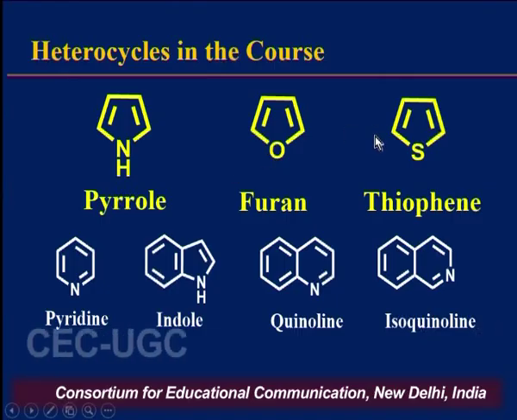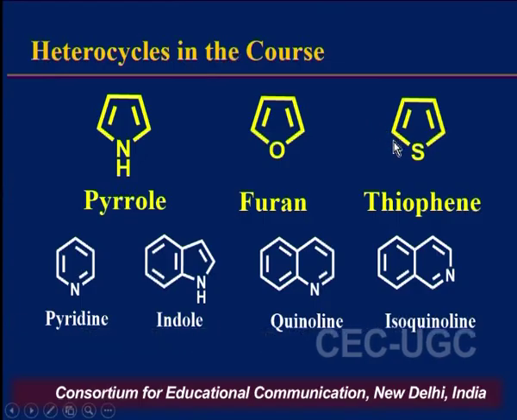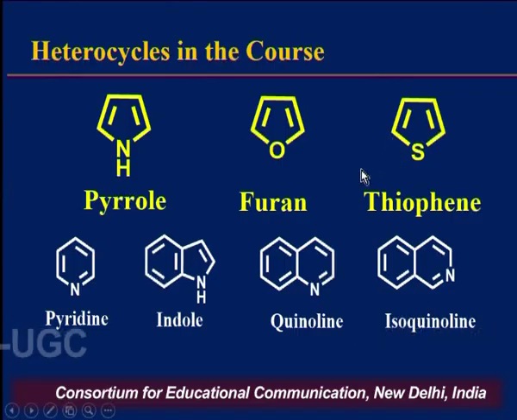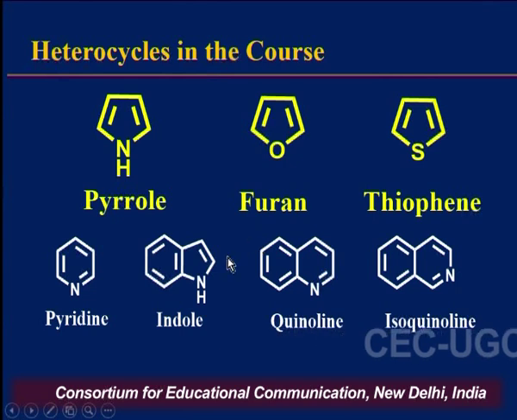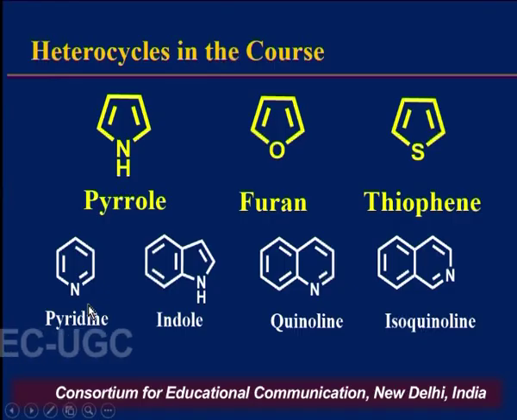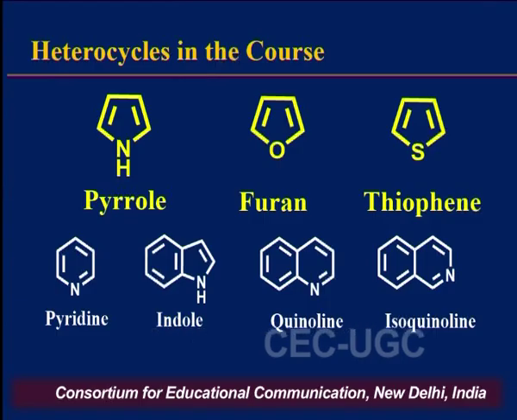Thiophene is again a 5-member heterocyclic compound, and in this case the heteroatom is sulfur. After this, we will discuss pyridine. Pyridine is a 6-member heterocyclic compound, and it has nitrogen as the heteroatom.